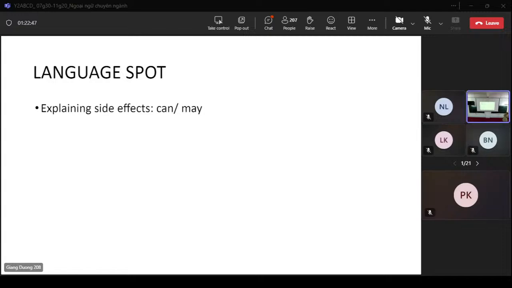Explain the side effect with can or may. Basically, you can use can or may to express the possibilities. However, there is a slight difference between them. Can is about the theory and may to express something practical.